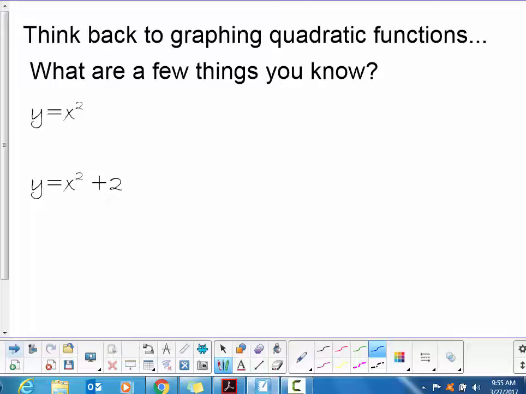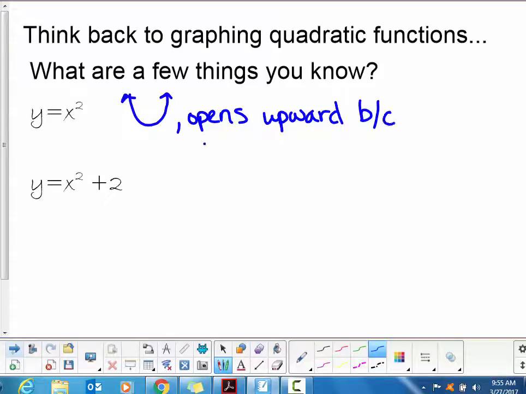My first quadratic function, y equals x squared. Well, this is a U-shaped graph. It opens upward because the coefficient in front of x squared is positive. This is also the parent function of a quadratic.